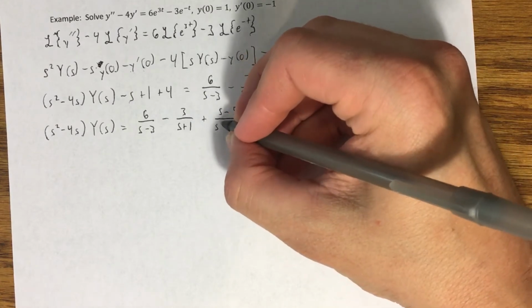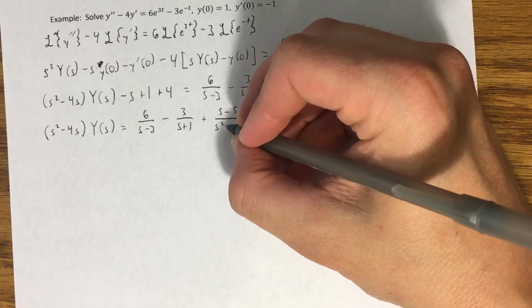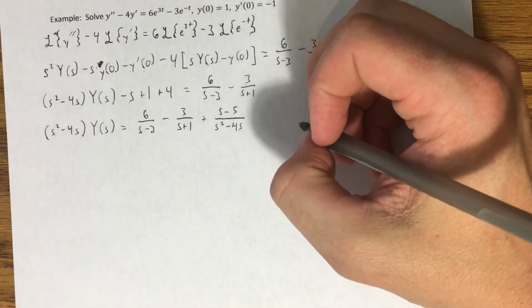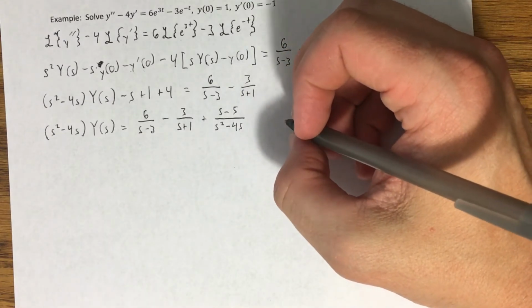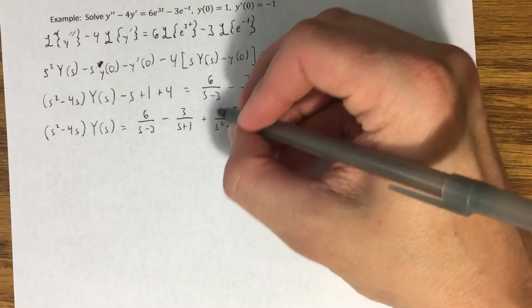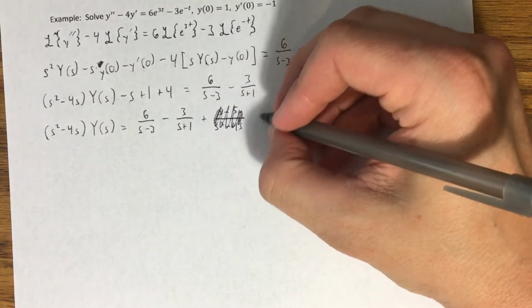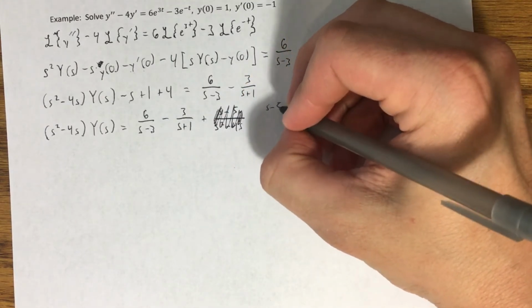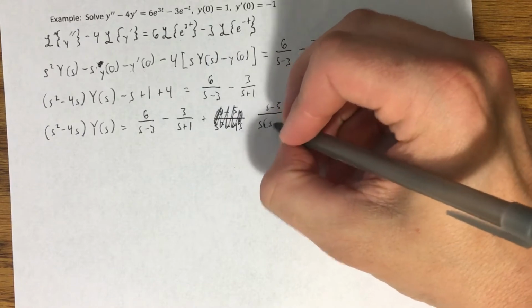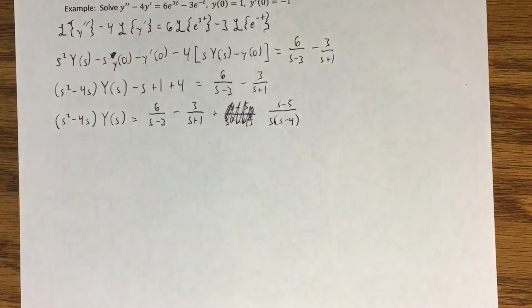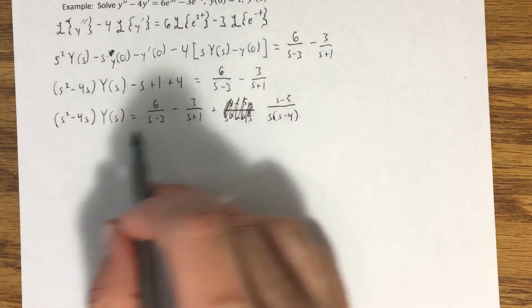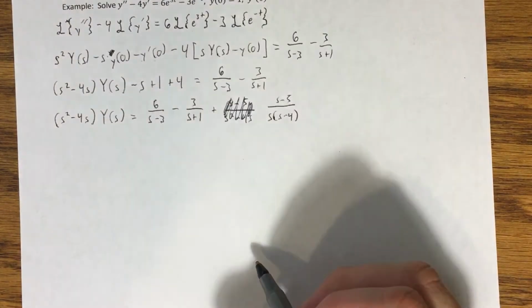And in fact, let's do this differently. I'm going to write this term as s minus 5 over s times s minus 4. Okay? So what I want to do is get a common denominator with all of this stuff.